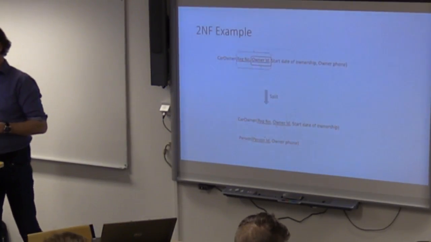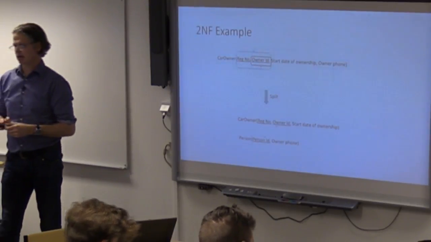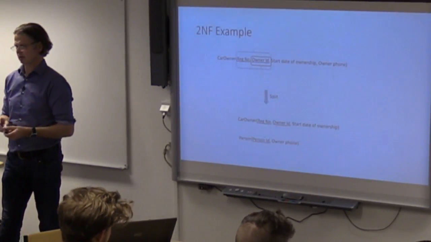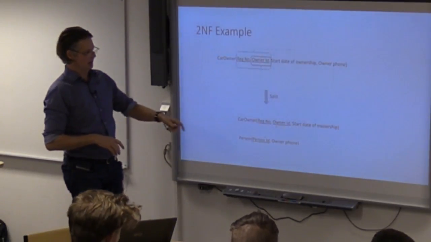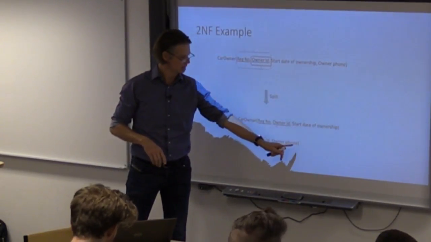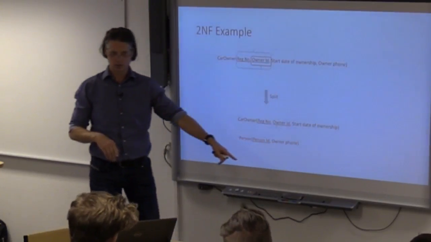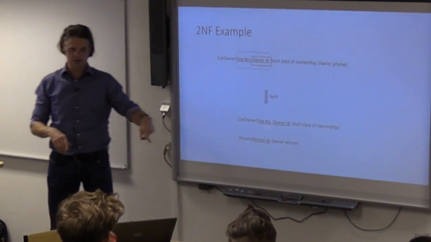So if a person has more than one phone, would you add another column here, or would you split it into another table?